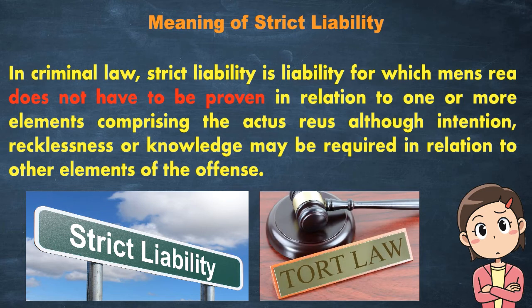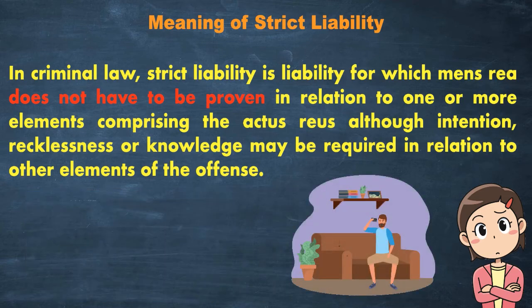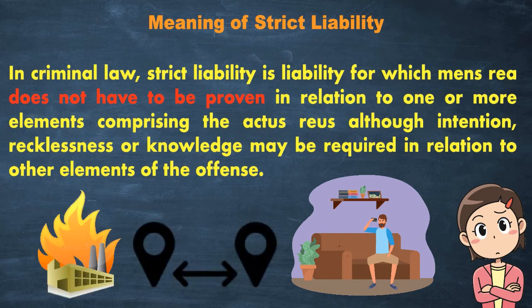Even there, what we discussed is that even when a person is sitting in his house and something wrong happens in his factory, which is supposed to be 100 or 500 kilometers away from his house, even then he will be responsible.